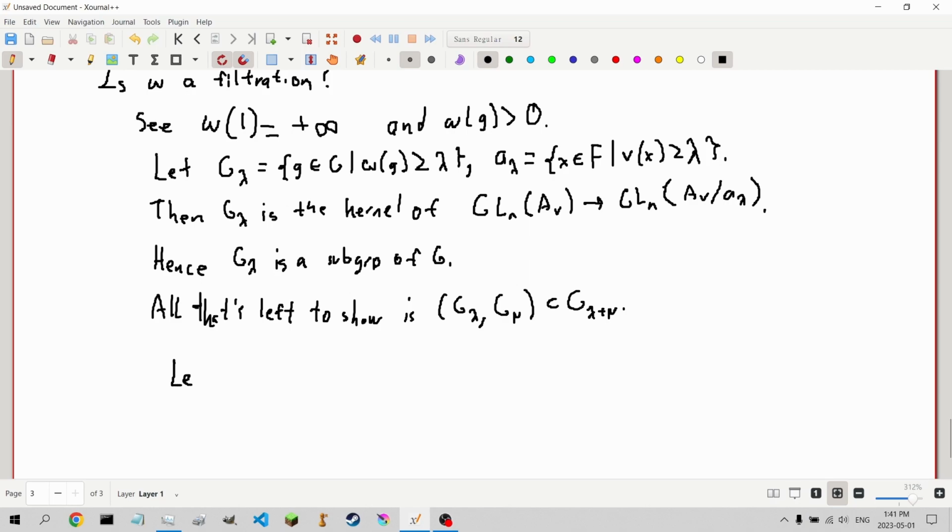So we're going to let G be an element of G lambda with G equal to 1 plus X. And similarly, we're going to let H be inside G mu with H equal to 1 plus Y.